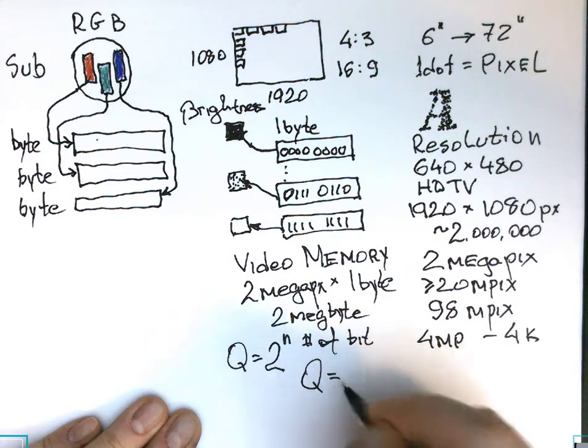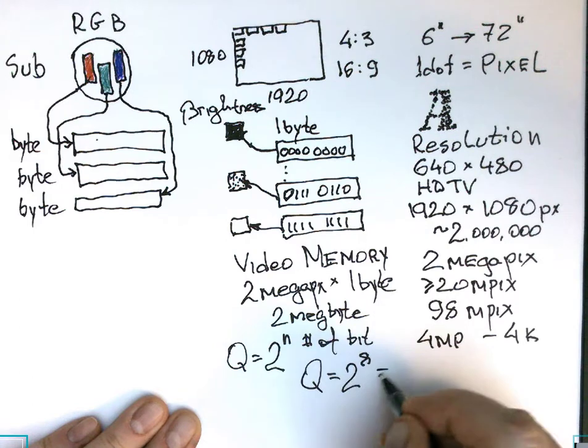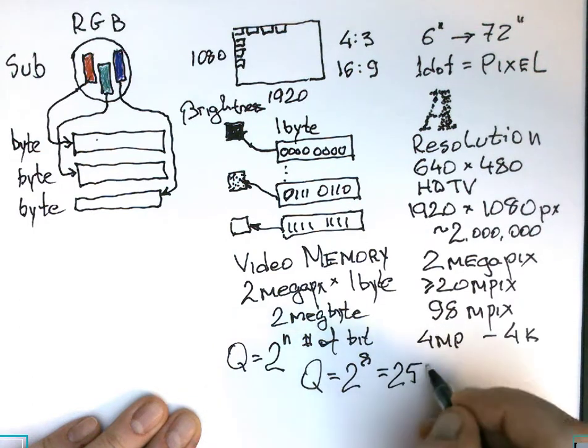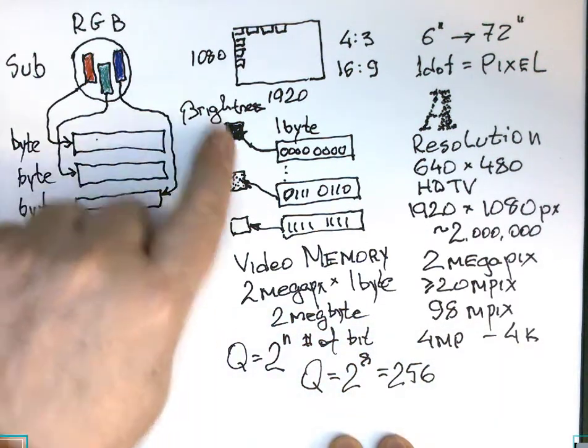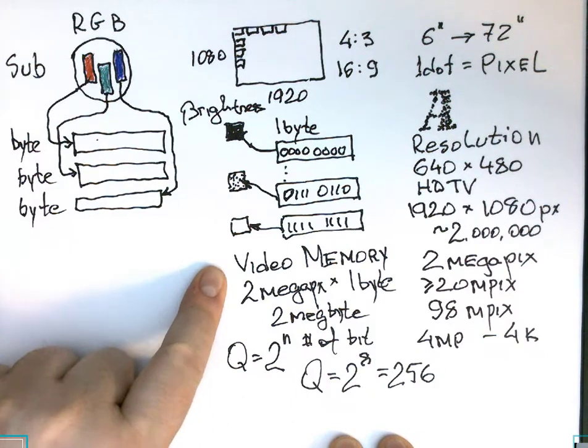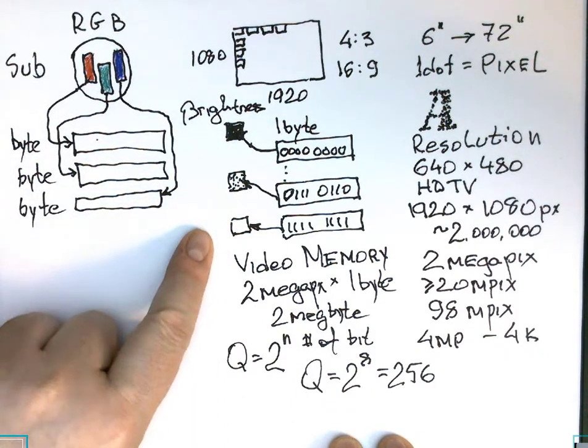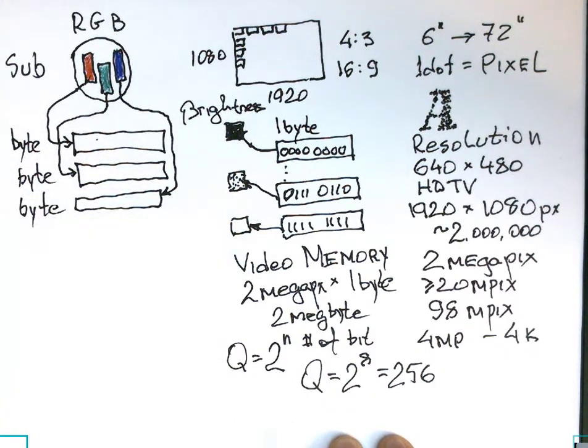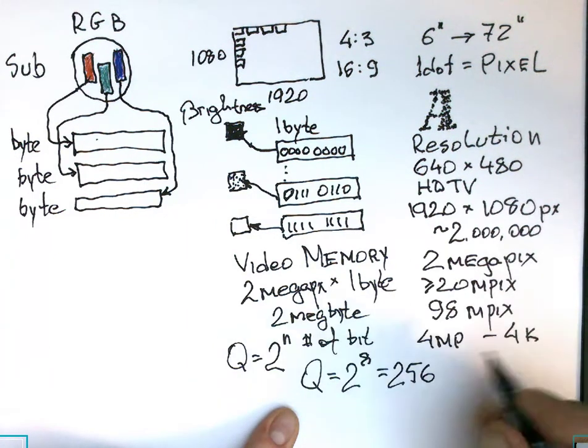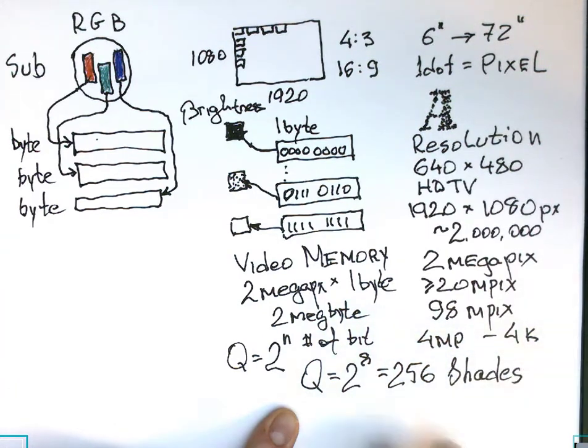What is the number of bits in 1 byte? 8. So Q here will be 2 to the power of 8, 8-bit, or that will be 256. So in this kind of diagram, the number of shades that can be displayed per each 1 pixel will be 256 shades.